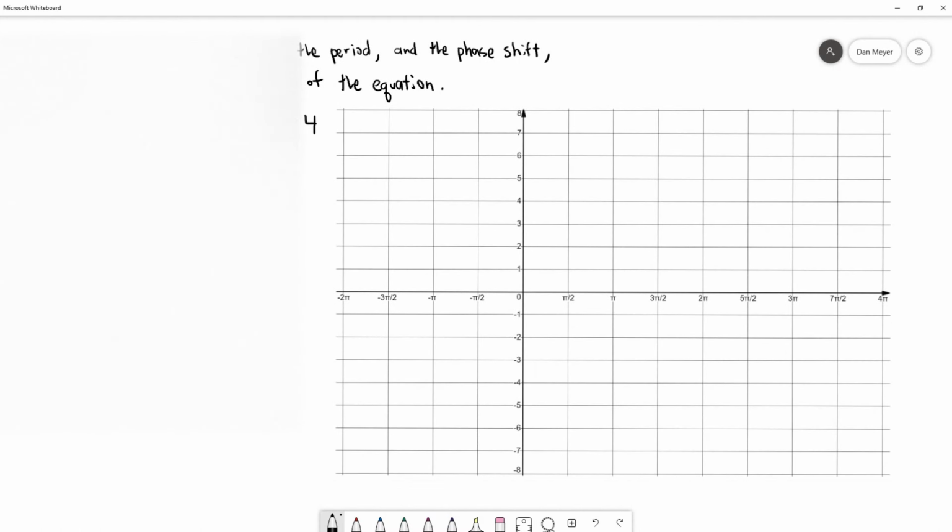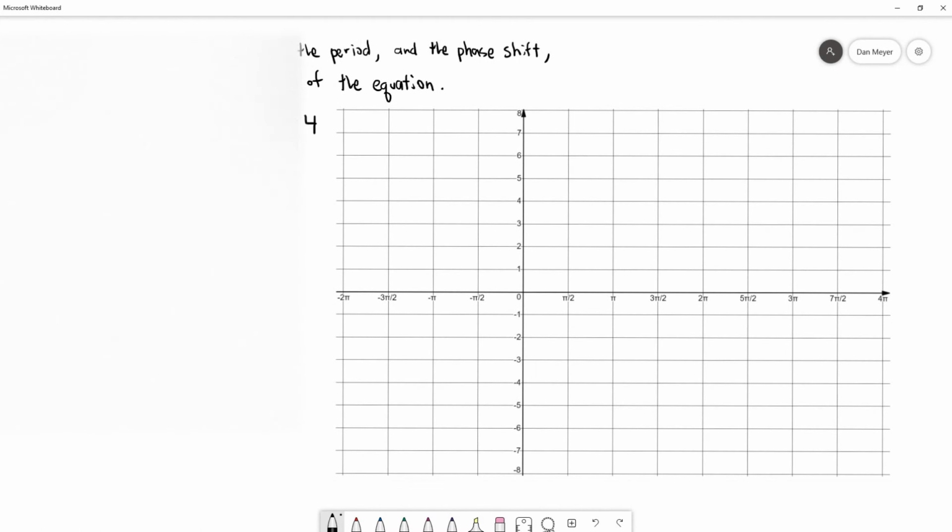Find the amplitude, period, and phase shift, and sketch the graph of the equation. The amplitude here is going to be the absolute value of -3 which is 3. The period is going to be 2 pi divided by that 4 right there, which is pi over 2.